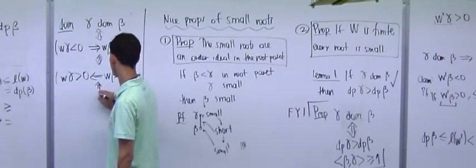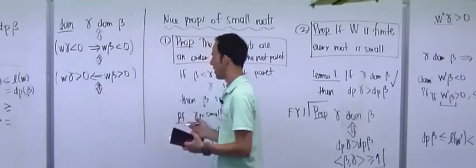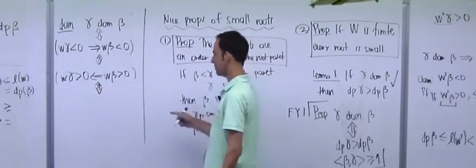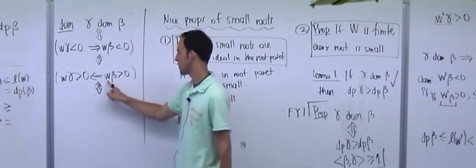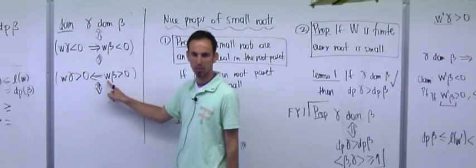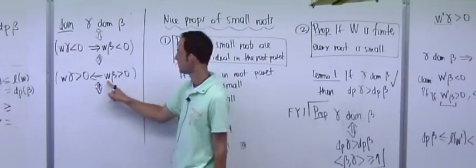What does this mean? Let me now just, this is true for any W, and in particular it's true for W, W naught.